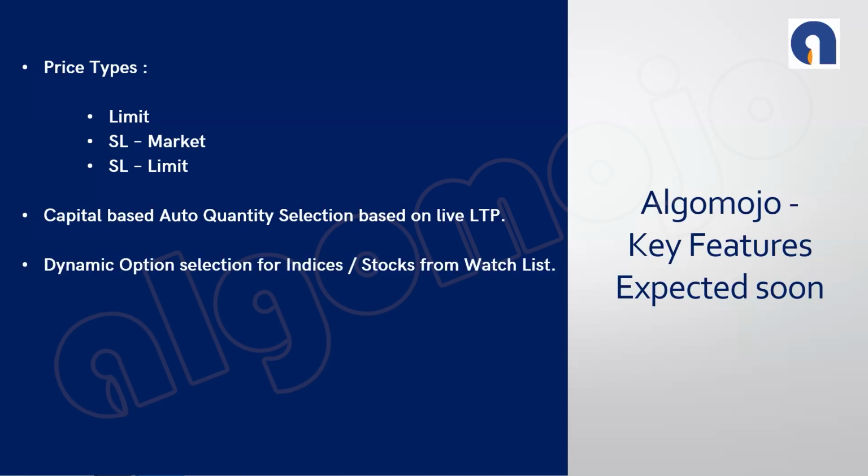Then we are working on a facility wherein you can load into the watch list the stock options or indices options. We've seen traders who trade multiple stock options in a day. They will start with a particular strike price, then keep changing that during the course of the day.